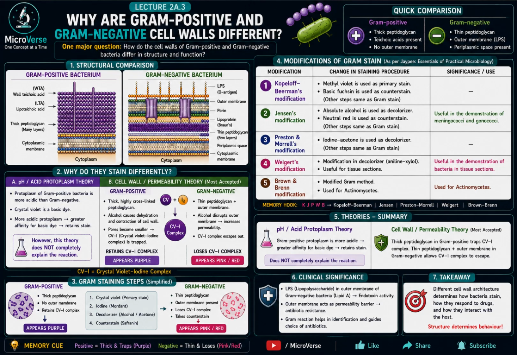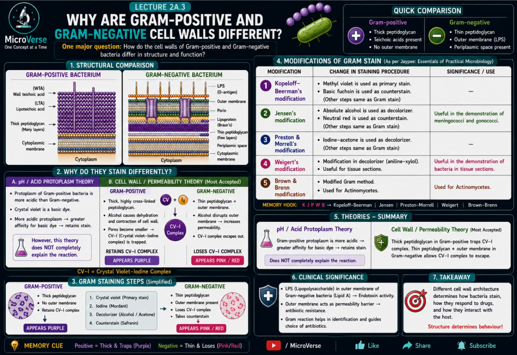In gram negative bacteria, the peptidoglycan layer is thin and there is an additional outer membrane rich in lipids. During decolorization, alcohol or acetone affects the lipid rich outer membrane and alters the permeability of the cell envelope. So, the crystal violet iodine complex is then able to escape. The cell becomes colorless. When the counter stain, usually safranin, is added, the bacteria take up the counter stain and appear pink or red.